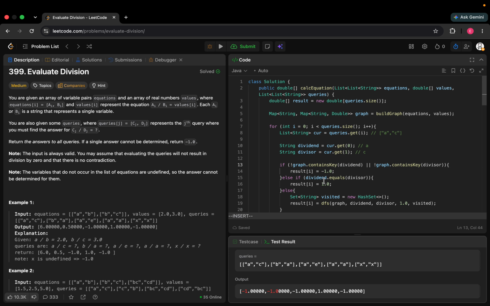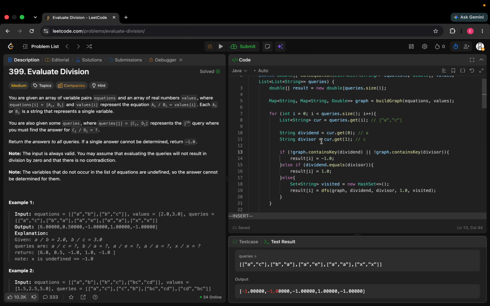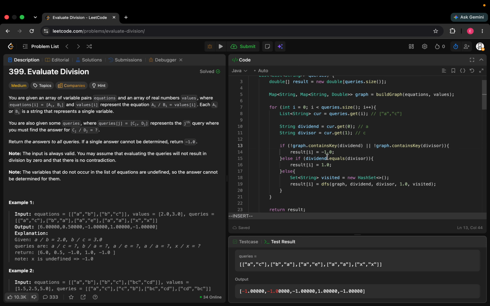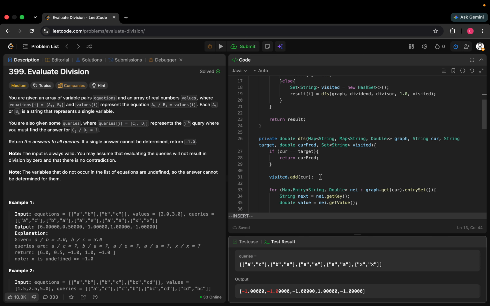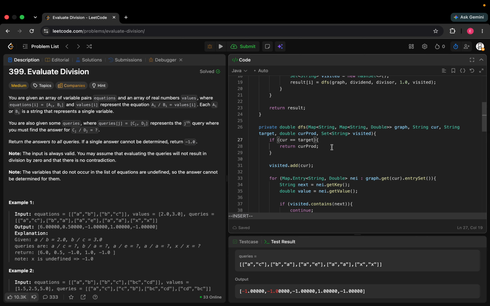Okay, this one should be good. Okay, this one the string should be the equals, because they are string.